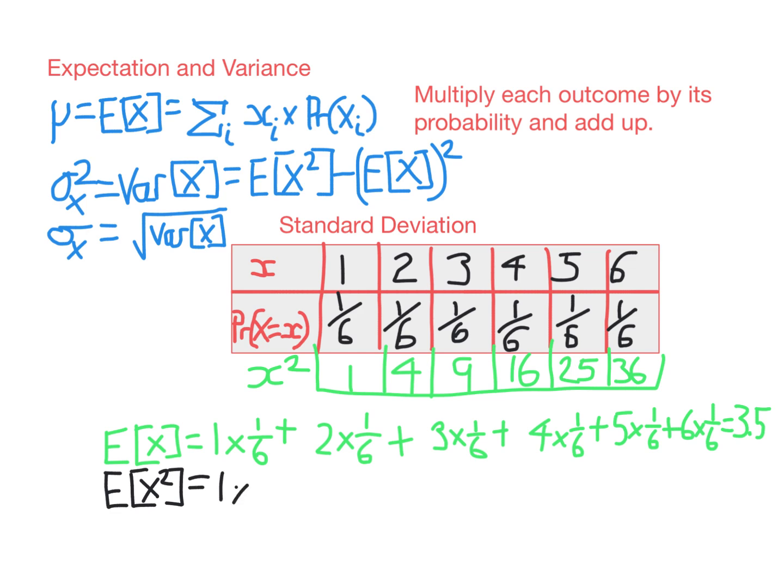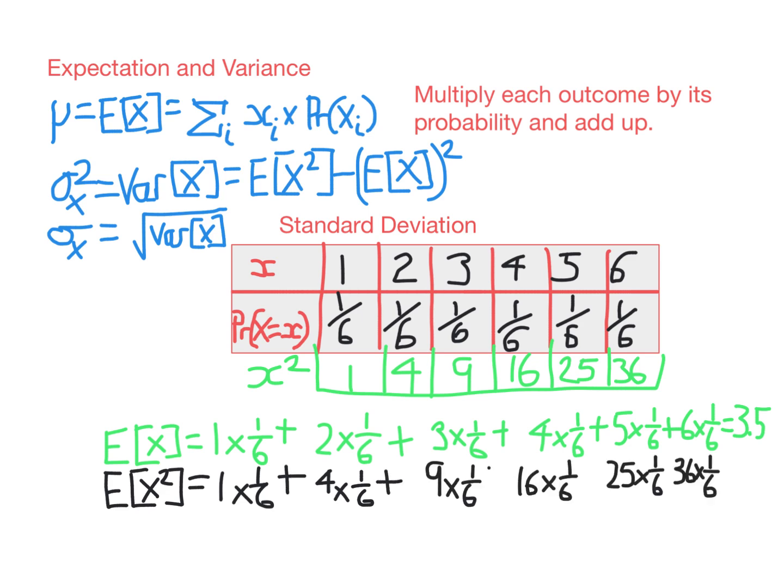So again, I have 1 times 1 over 6. The next one will be 4 times 1 over 6. And then I have 9 times 1 over 6, and so on. Once again, after I've done that, I need to add up each of these. And you can use a calculator, you get 91 over 6.